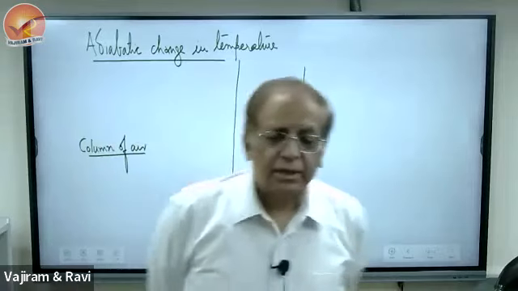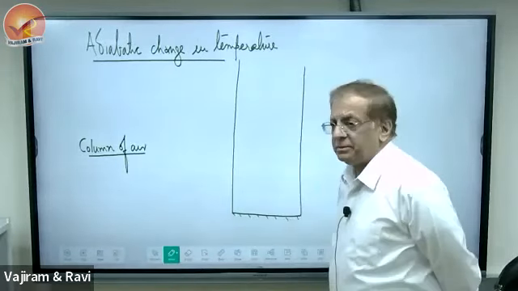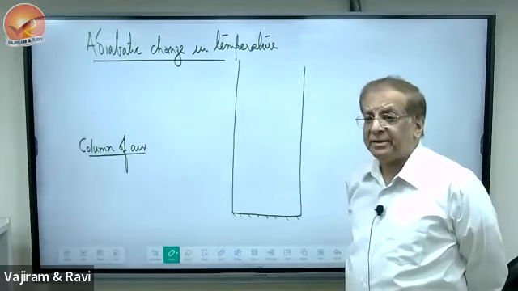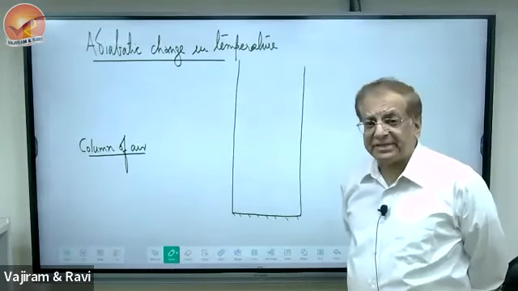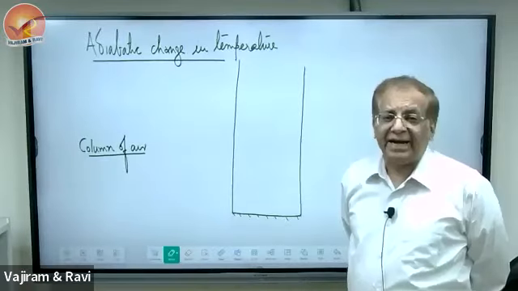I repeat, column of air refers to the vertical atmosphere over a particular area of the earth surface and having a particular identity of its own.